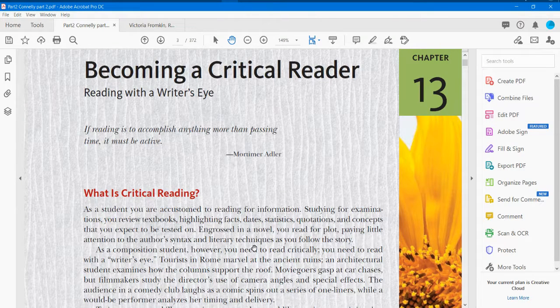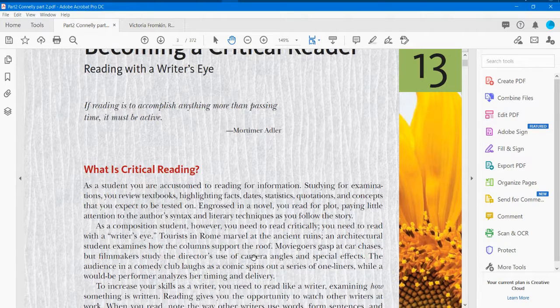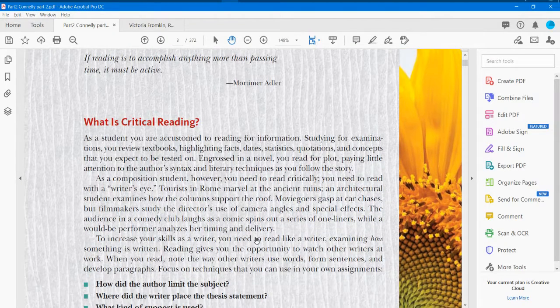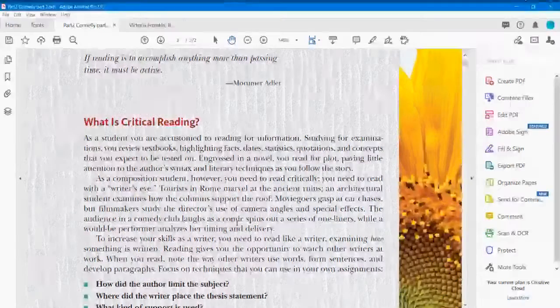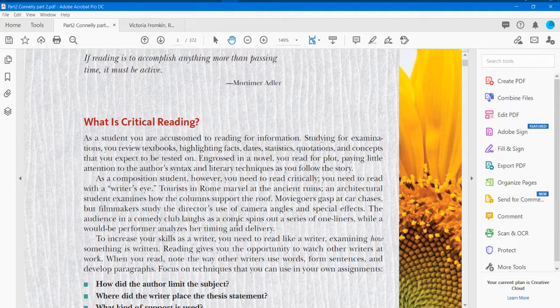So here we just want to briefly examine what critical reading is, not just accepting what you read, but being more questioning of what you are reading, right? Particularly, or viewing in this case. They give you the example of movies. Now, you know how some movies are kind of boring because they don't have soundtracks, or the angles are wrong, or the acting is terrible, or the special effects are bad.